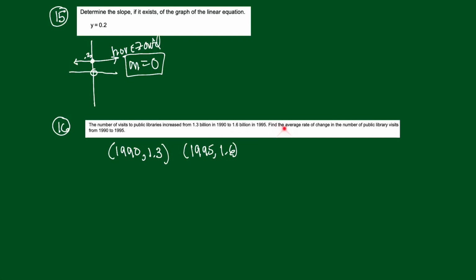But we are asked to find the average rate of change. Now, the average rate of change is equal to the slope. And we have a formula for the slope, don't we? It goes like this: the second y minus the first y over the second x minus the first x. As I look at my ordered pairs, going left to right, this is the first x, that's the first y, and this is the second x, that's the second y.